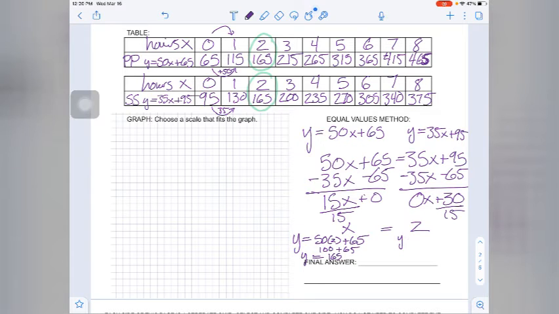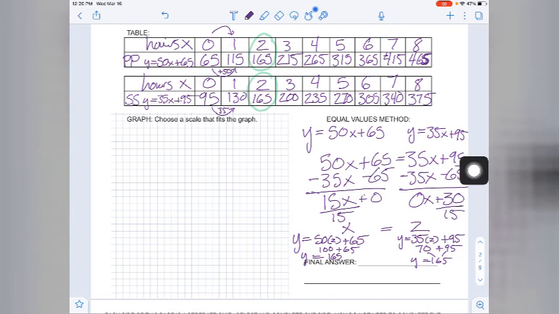And then on the other side, I have y equals 35 times 2 for x plus 95. So 35 times 2 is 70, and 70 plus 95 is 165. So it's showing me again that both sides in 2 hours equal 165.